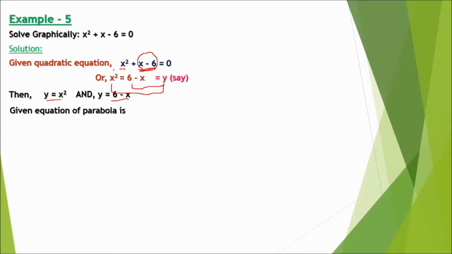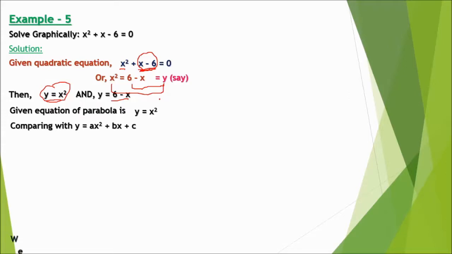Now this is the equation of a parabola, isn't it? This is a quadratic function. As B and C are missing, remember the characteristics. If B and C are missing, then the vertex lies on the origin.